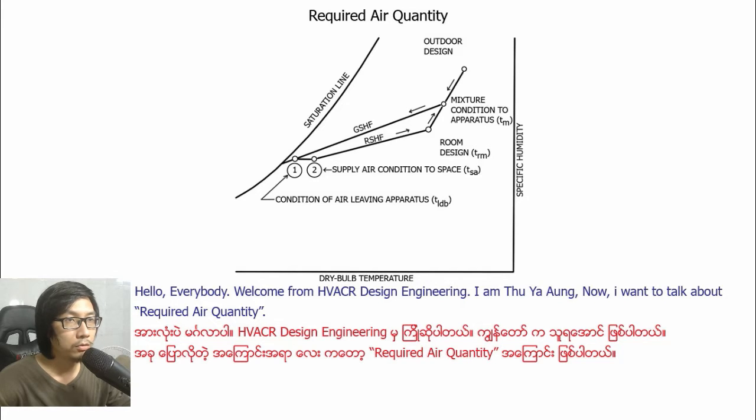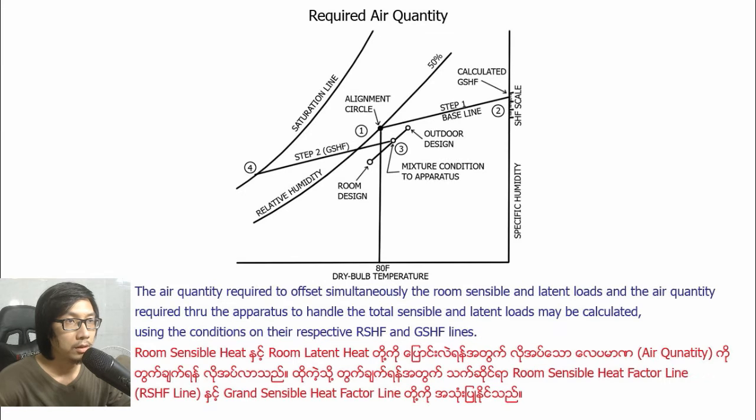Now, I want to talk about required air quantity. The air quantity required to offset simultaneously the room sensible heat and room latent load, and the air quantity required through the apparatus to handle the total sensible and latent load, may be calculated using the condition on their respective RSHF and GSHF line.